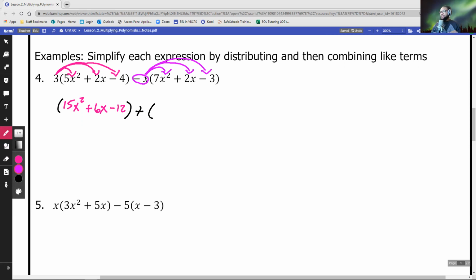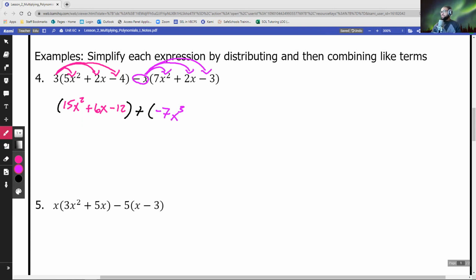Negative x times 7x squared is going to be a negative, because that's a negative 7. And then we have x cubed. Ooh, that's a 2. This needs to be a 3. X cubed. We get that because we have an x times the x squared. When we put them all together, we get 3 x's, x cubed.